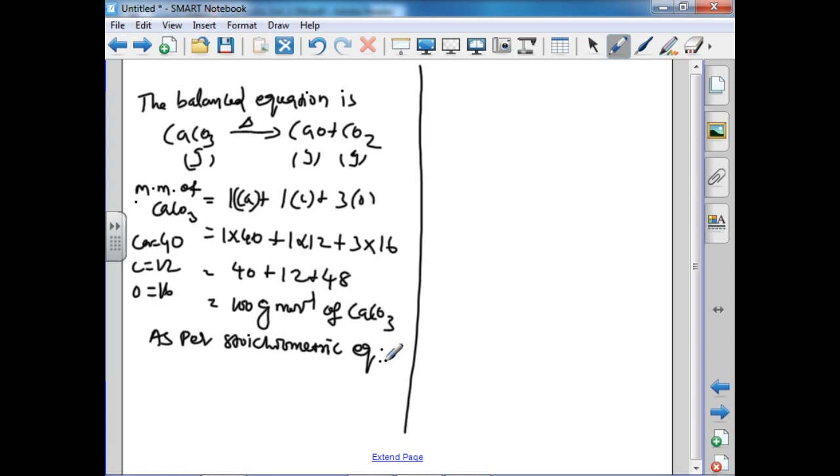As per stoichiometric equation, 1 mole calcium carbonate, 100 gram, on heating produced 1 mole of CO2.